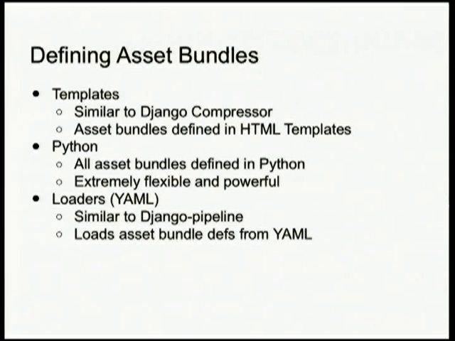And then within your templates, you can reference those bundles so that they're properly linked. And the last way is you can use loaders, for instance, YAML. So with the YAML-based asset configuration, you define your asset bundles within YAML, and then you have a Python file to load those and make them available to your templates.